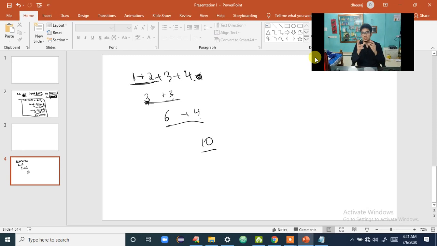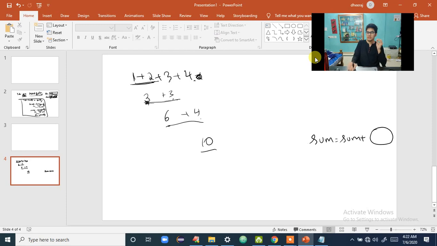Whenever you see this logic where something plus something plus something plus something is happening, it means only one thing. The logic will be like this: sum is equal to sum plus something.